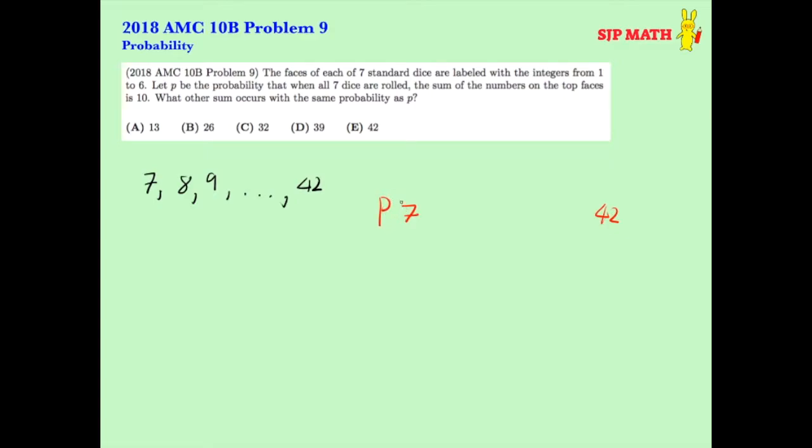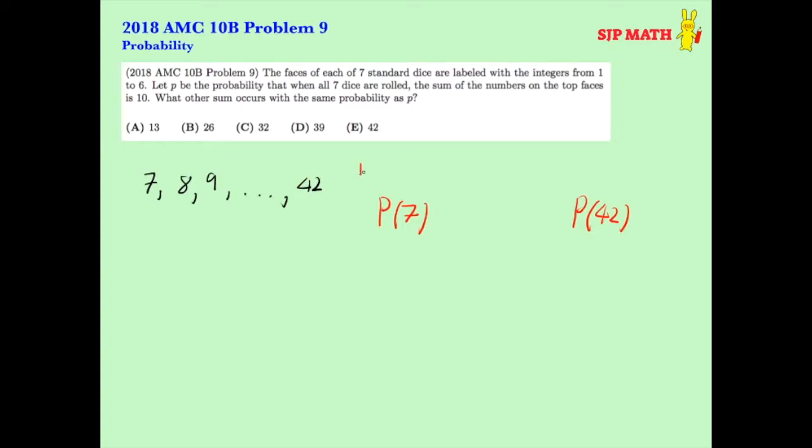This denotes the probability of getting a sum of 7, and this will denote the probability of getting a sum of 42. As I said before, to get a sum of 7, we have to have all 7 top faces equal to 1s.